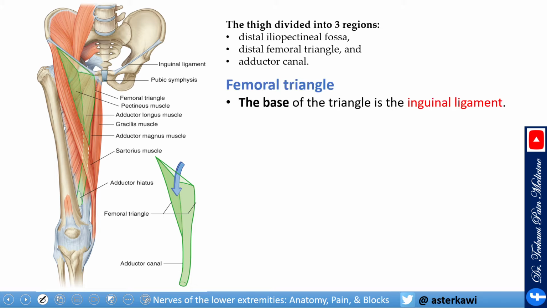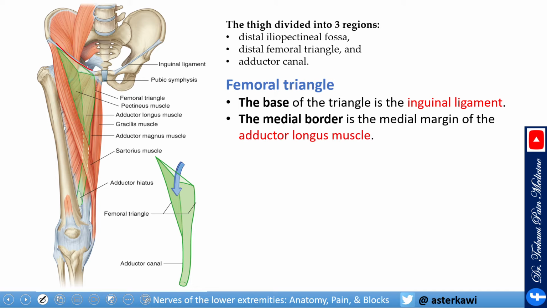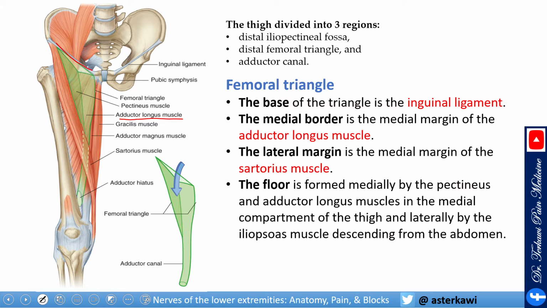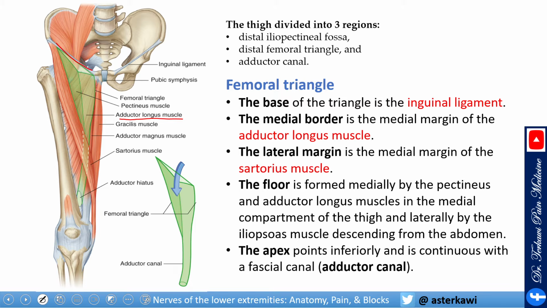So the femoral triangle is formed by the inguinal ligament here, and then the medial border is the medial margin of the adductor longus, and then the lateral margin is the medial margin of the sartorius, and then the floor is formed medially by the pectineus and adductor longus muscle in the medial compartment of the thigh, and laterally by the iliopsoas muscle descending from the abdomen.